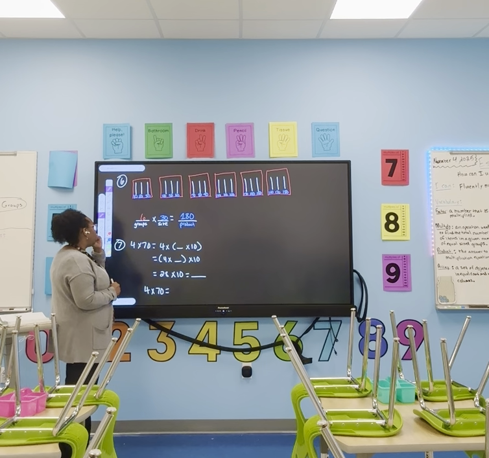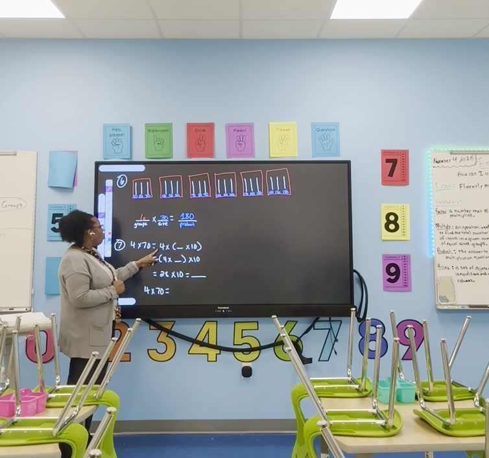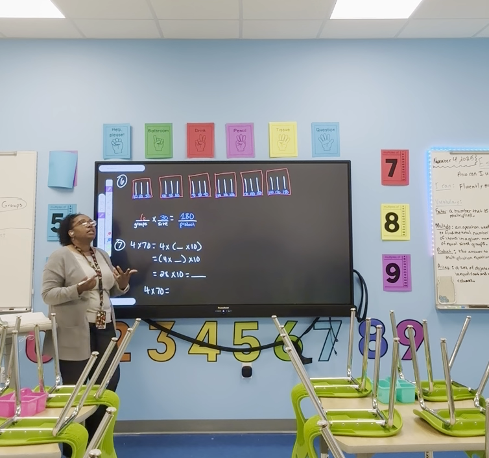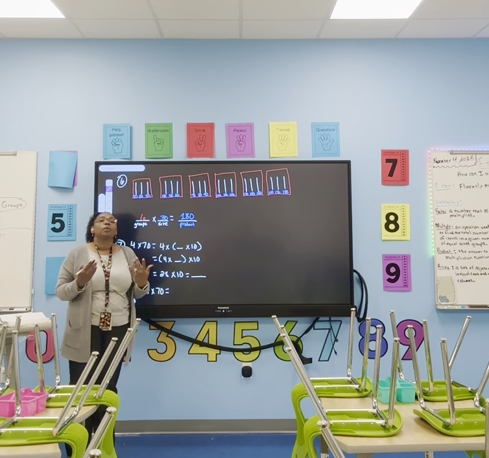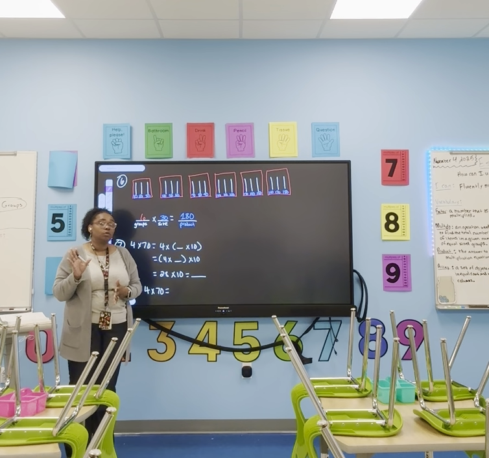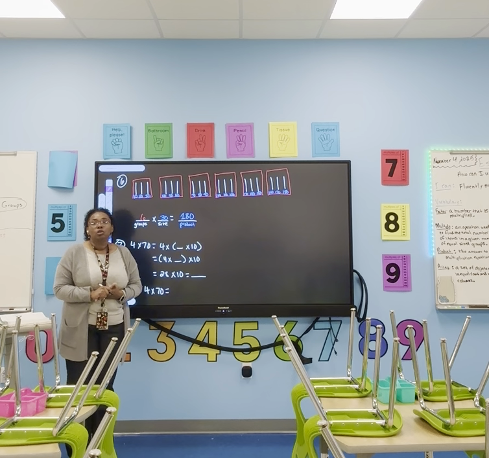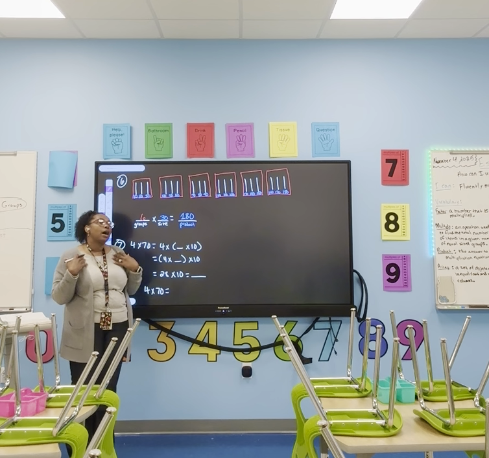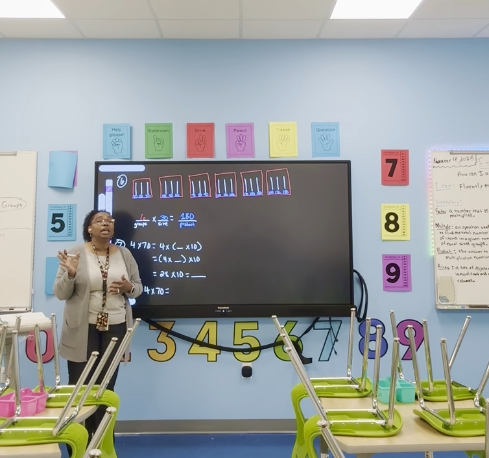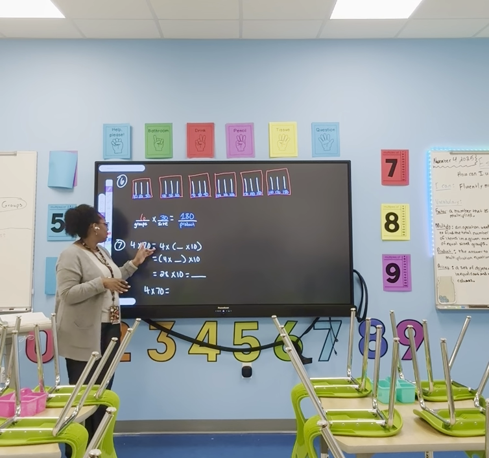So I have 4. But then I see my 70. And 70 is such a big number to multiply by. So again, we're going to break it up into a 10 since we've been working with our tens. So we're going to break it up into a 10 and a number. What number could I possibly multiply times 10 that will get me 70?